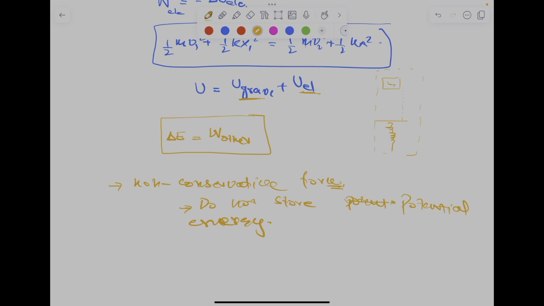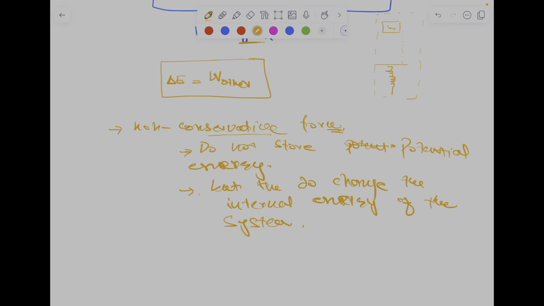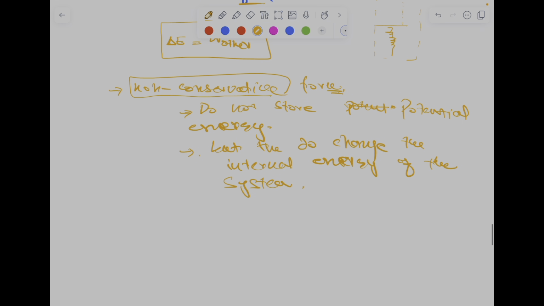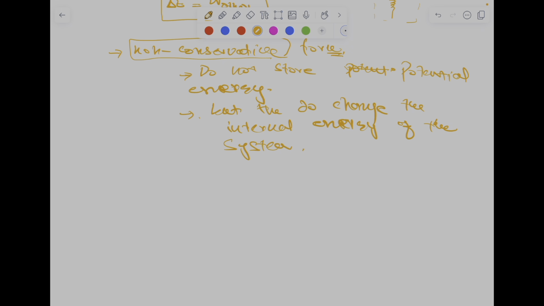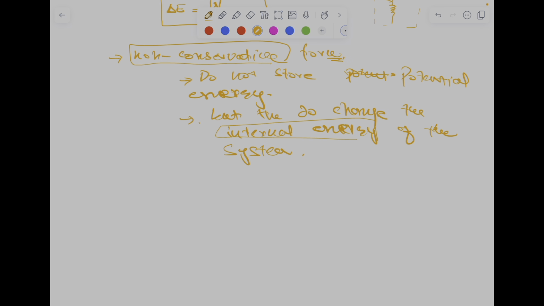But they do change the internal energy of the system. So what does this non-conservative force do? It actually changes the internal energy of the system.